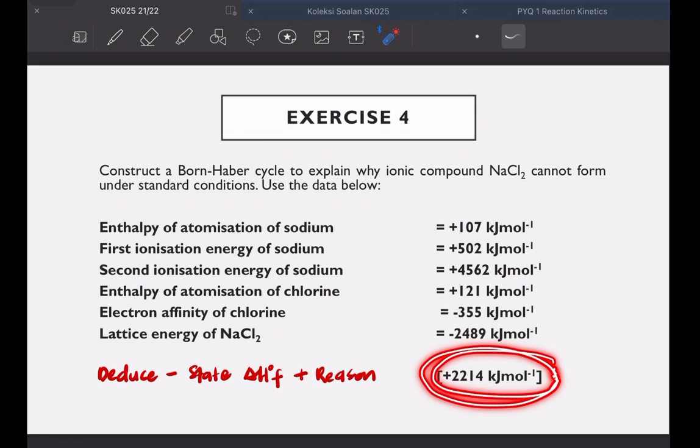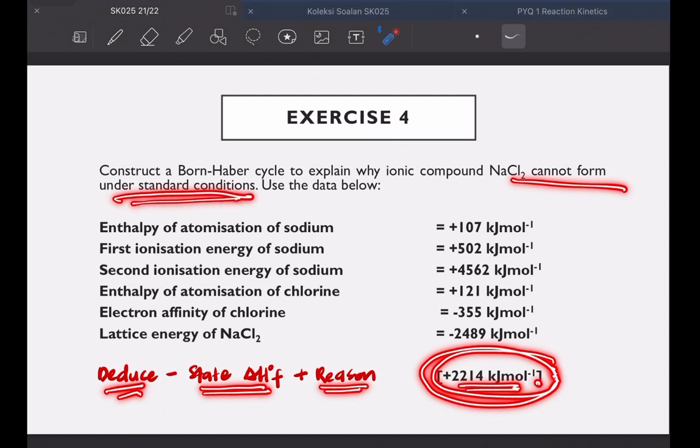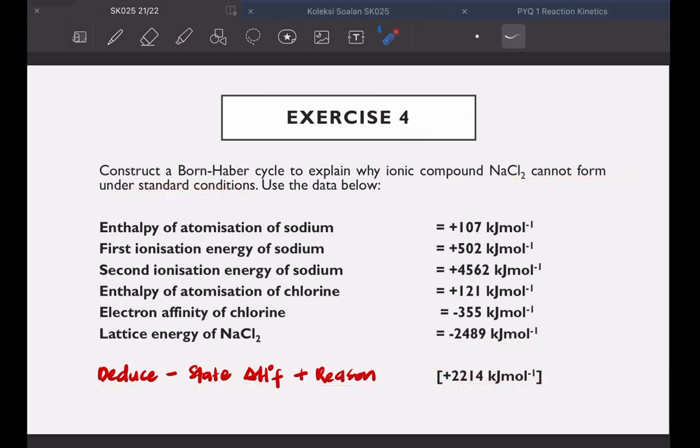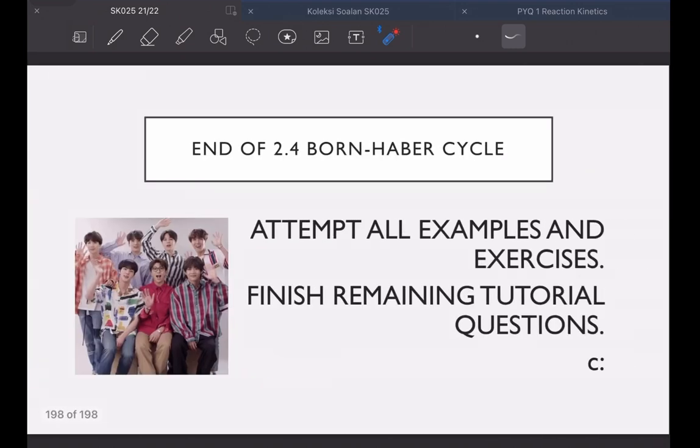Then you have to deduce, meaning you have to state the delta H formation that you found, and the reason why it cannot form under standard conditions. Why is that so? Because it is unstable. And why do you say that it's unstable? Because the delta H naught formation is highly endothermic. So that's how you reason.